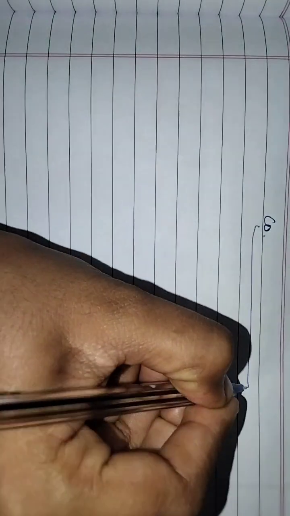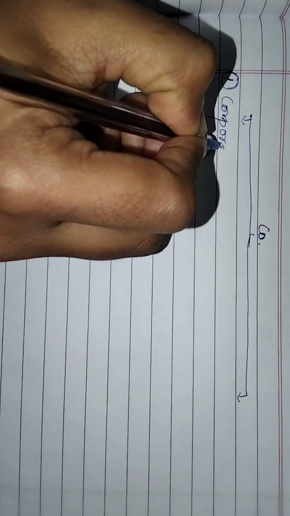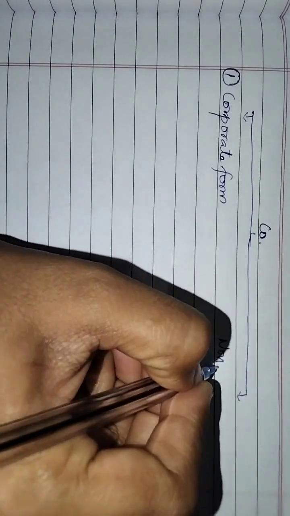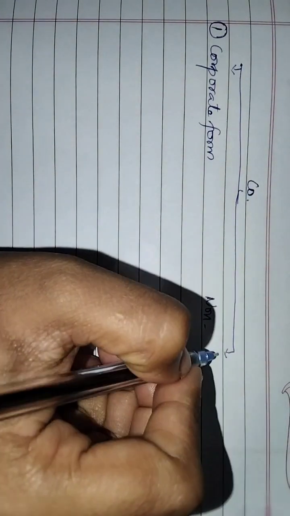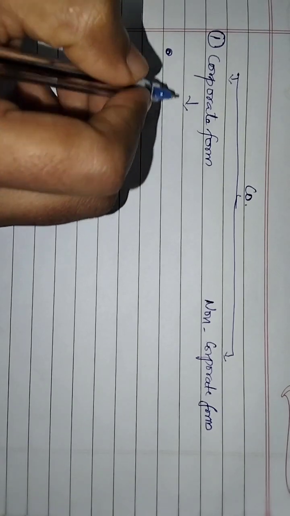Let's start with the introduction. Companies are always categorized into two. What are those? One, corporate form. The other one is non-corporate form. What does corporate mean? What is included in this?